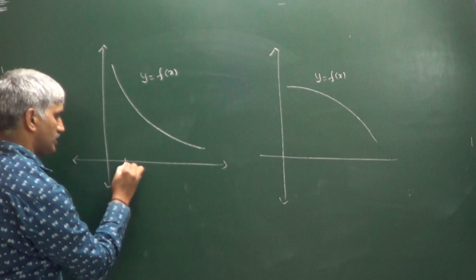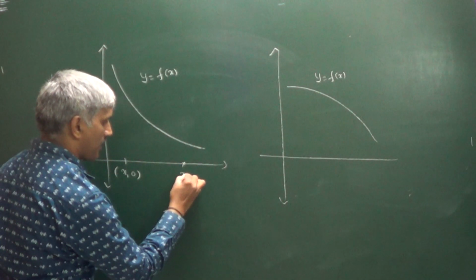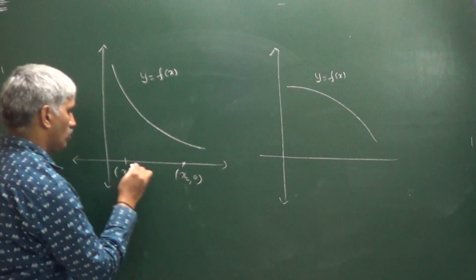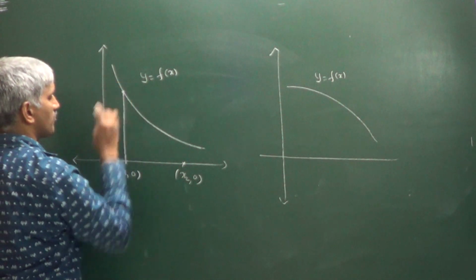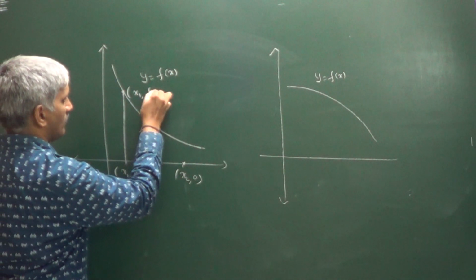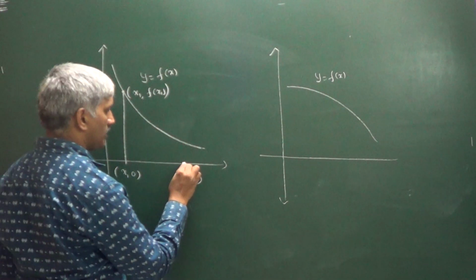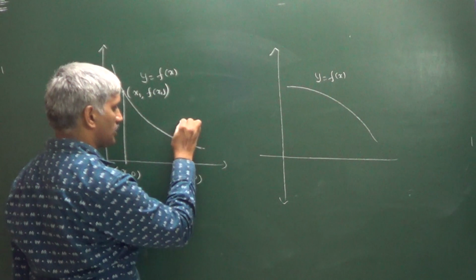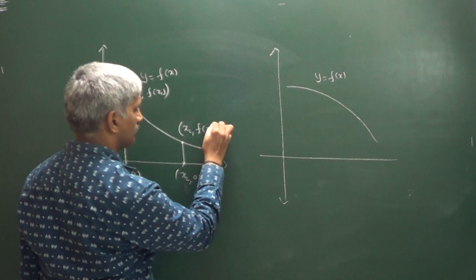Now here there is a point (x1, 0), and here we have a point (x2, 0). No doubt, just like the earlier discussion, the corresponding point on the curve is nothing but (x1, f(x1)), and this point on the curve is nothing but (x2, f(x2)).